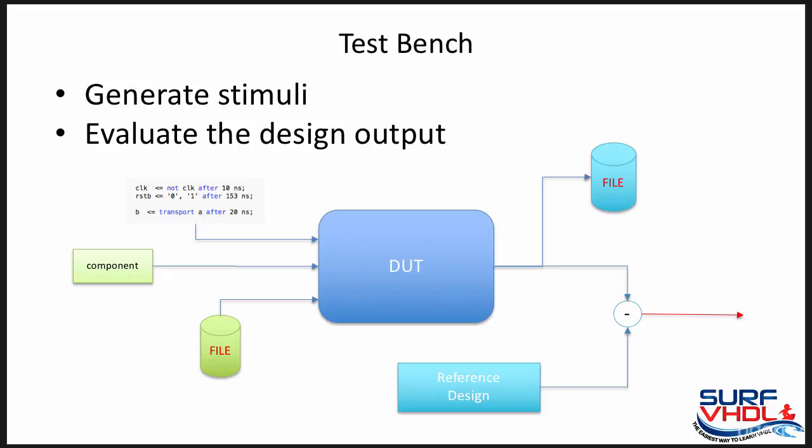For example, if the DUT is your post layout netlist, coming from the layout tool of an FPGA or ASIC, the reference design can be simply the RTL netlist. This strategy allows you to verify clock by clock the output of your DUT netlist, checking the result in a simple way.